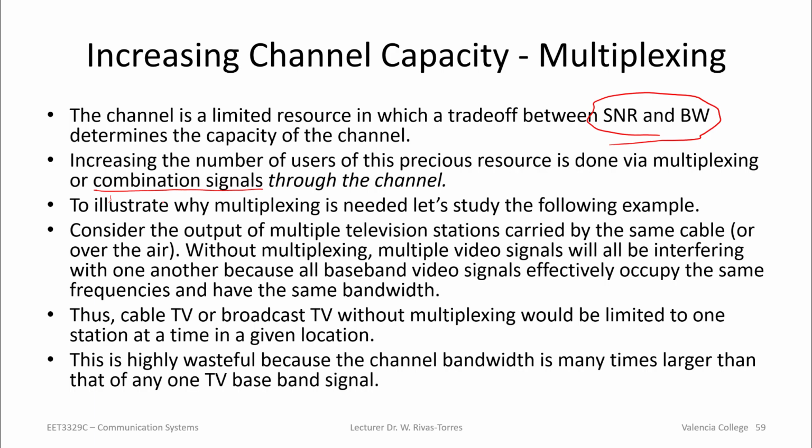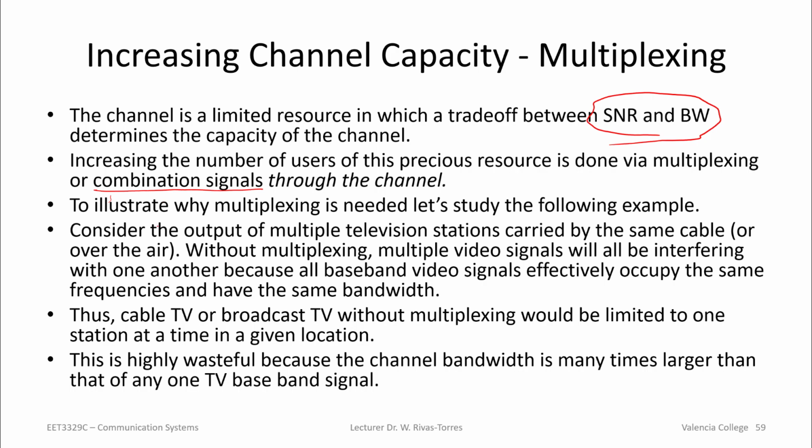Let's say you have TV, simple TV, right? If I can only have one TV channel go through the air, then that means everybody has to watch the same program all the time, and everybody has to agree, right? That's never going to happen because you can only broadcast one TV channel.